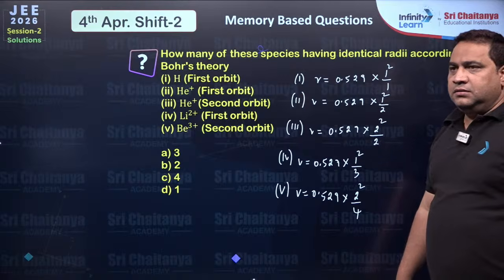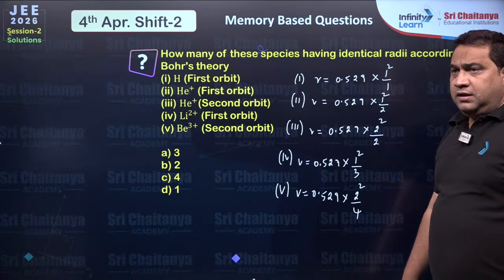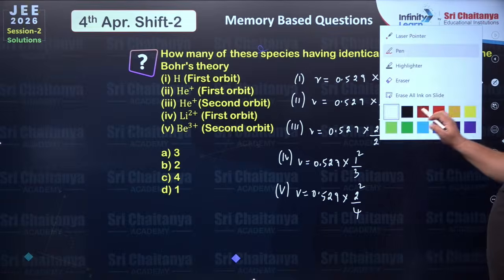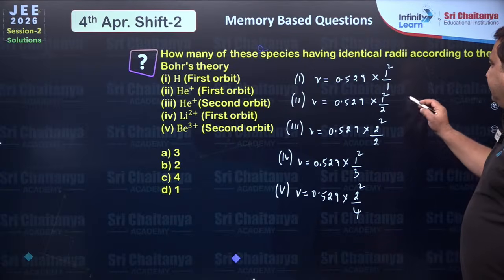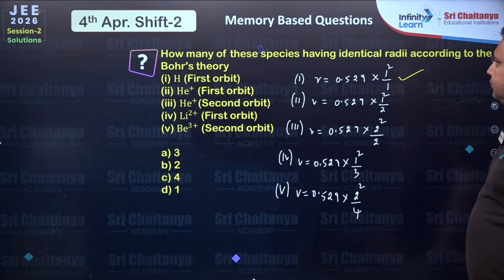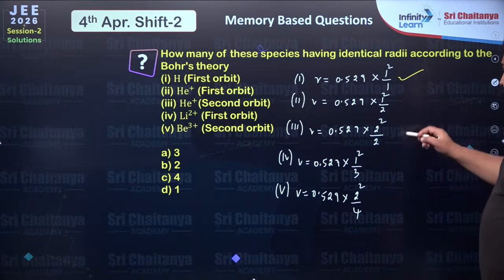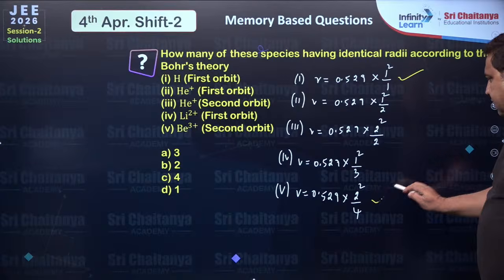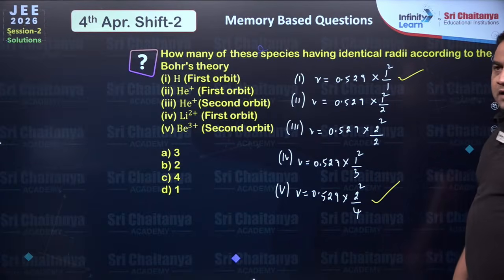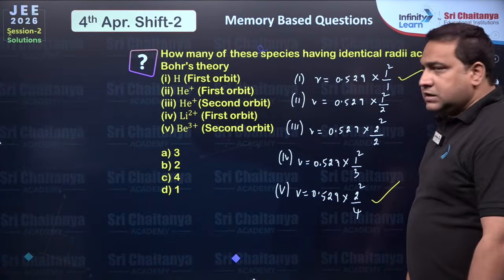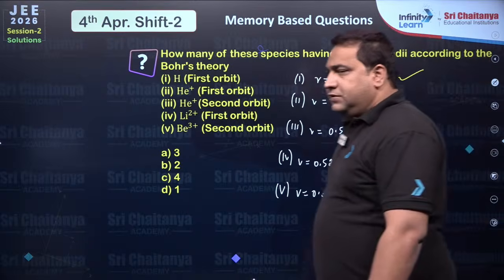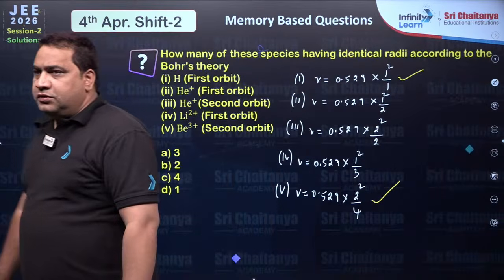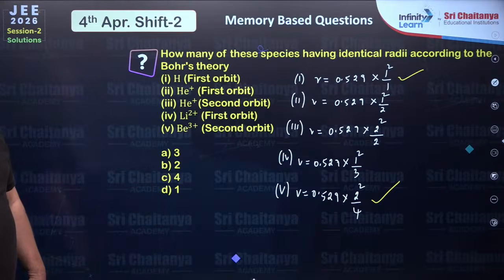What is the answer? Quickly, everyone tell me please. So this one will have identical radii. Clear everyone? Please tell your answer quickly. What have you ticked? Was the same question asked in the examination or not?